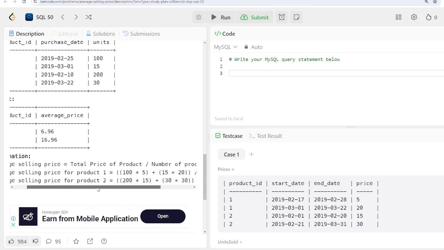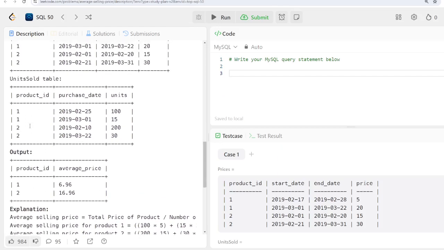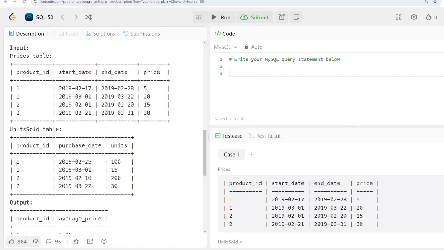Okay, so for example, for this product ID 1, right? So this product ID 1 was sold on 25th of February, 100 units, and the price was 5. So 100 into 5, that will be 500. Then again this product ID was sold on 1st of March, and only 15 units were sold and the price was 20.